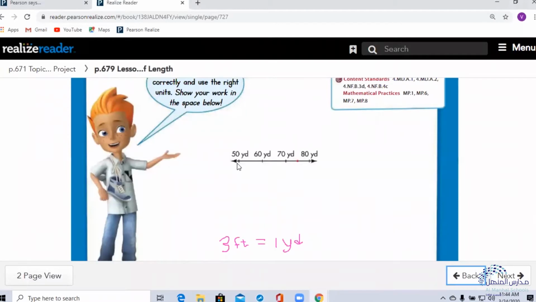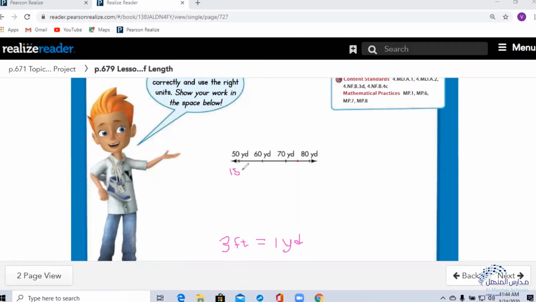So if there's 3 feet in 1 yard, 3 multiplied by 1 will give me 3 feet. So 50 multiplied by 3 will give me 150. So there's 150 feet in 50 yards.